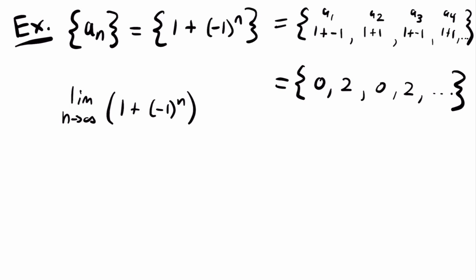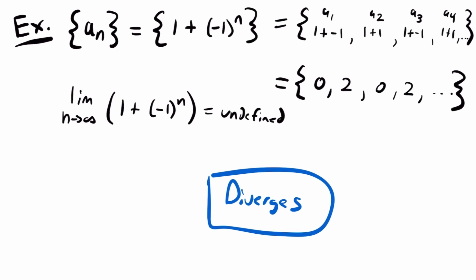It's not getting closer to any specific value. So although we can't evaluate this limit, it's just going to be undefined, we can still conclude that this sequence is not going to converge. It's never going to get closer to one specific value, and so in this case, we would say that this sequence diverges. And that would be our solution if we were asked to determine the convergence of this sequence.